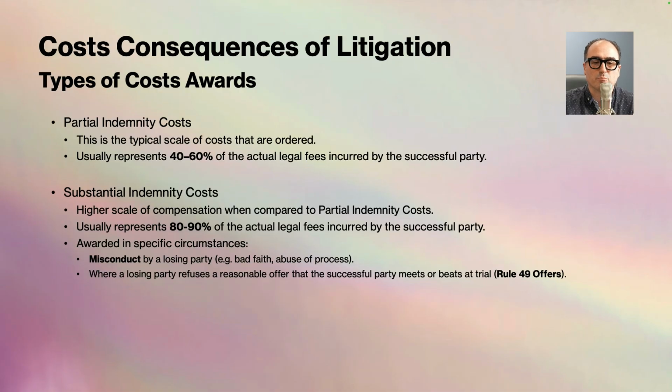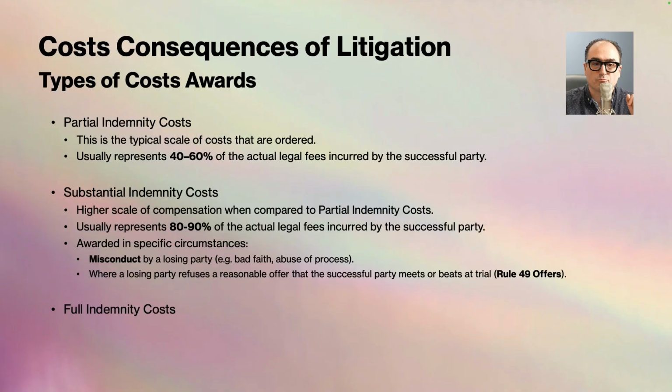You know, typically that could be bad faith or an abusive process of some sort. But also, substantial indemnity costs may be ordered in circumstances where the successful party makes an offer to settle that the successful party meets or beats at the time that the order is made. And so we'll talk about that briefly in the next slides.